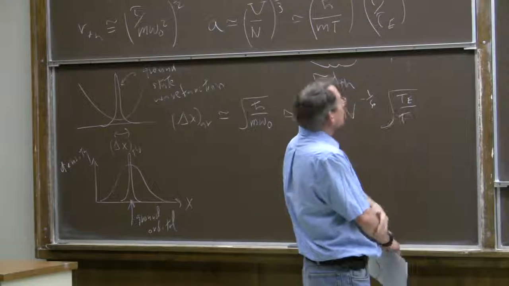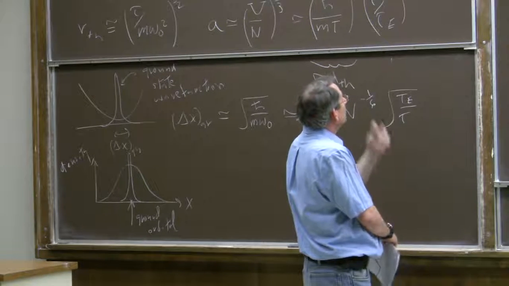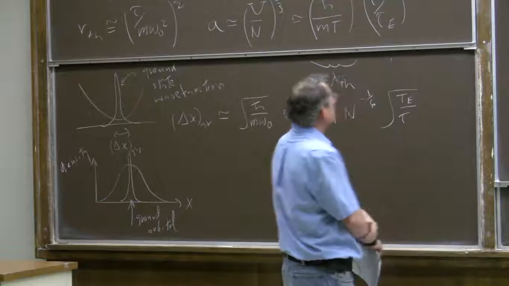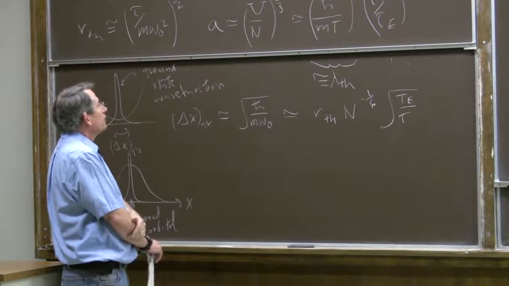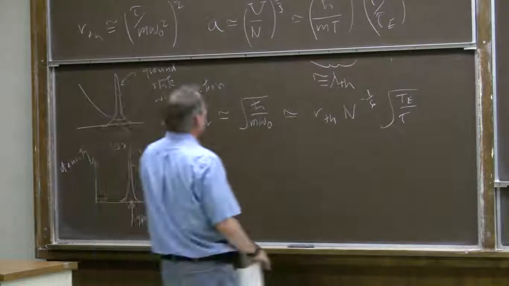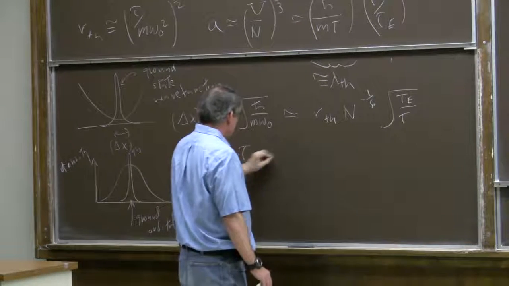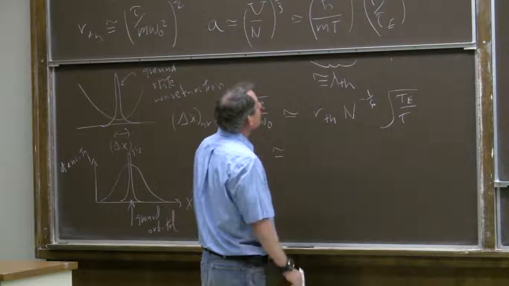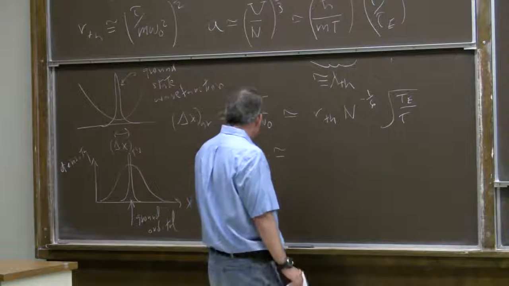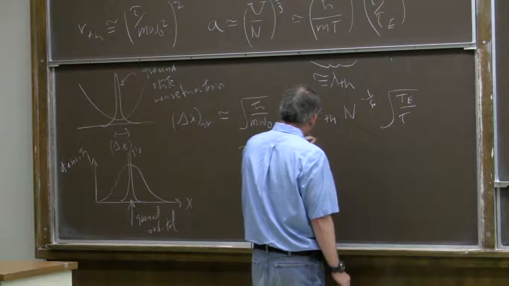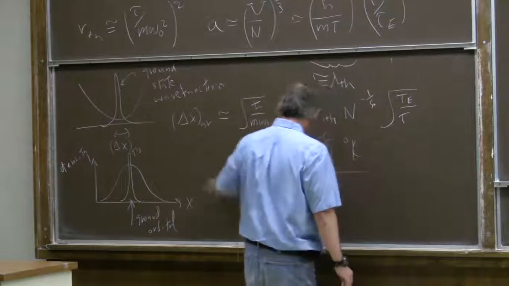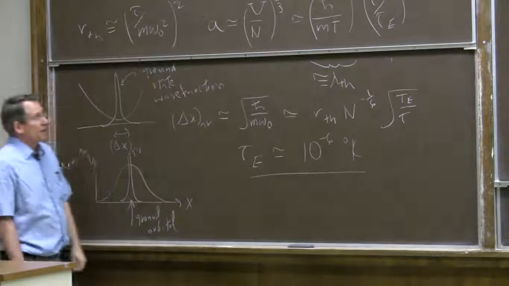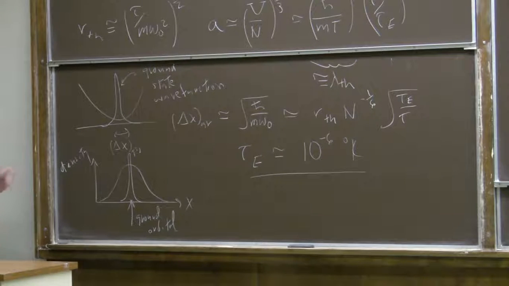The experiments that Ketterle described in his article, N was something like 10 to the 7, so the N to the 1/3 is a bit more than a factor of 100, and the corresponding Einstein temperature, if we put it in degrees, is about a microdegree, something like 10 to the minus 6 degrees Kelvin. Well, that's why we speak of ultra-cold atomic gases. It's really kind of the coldest stuff you can make.